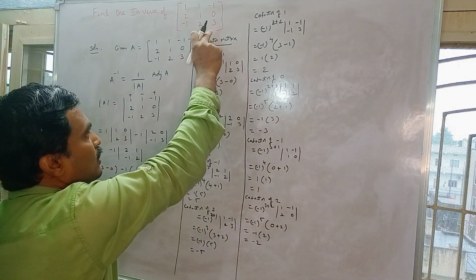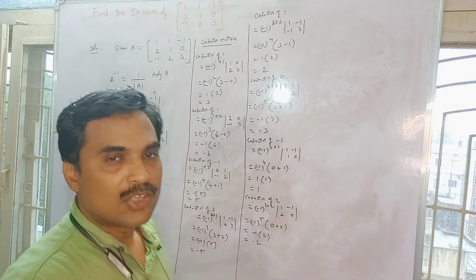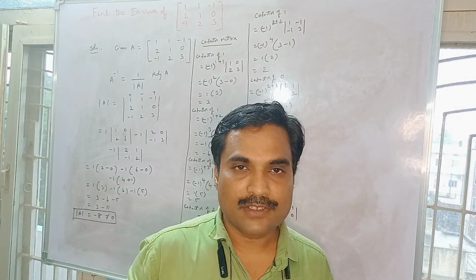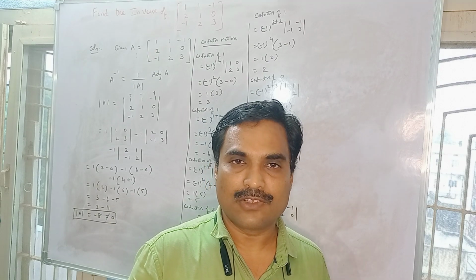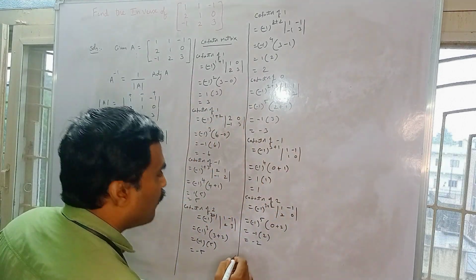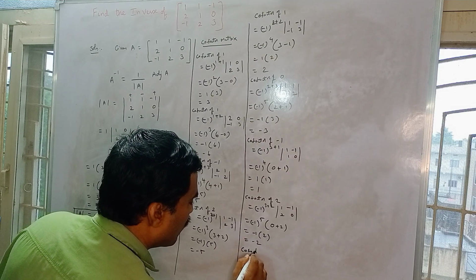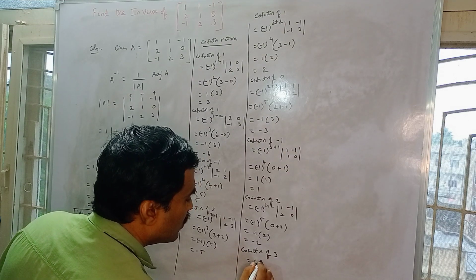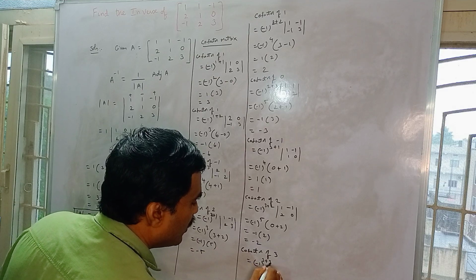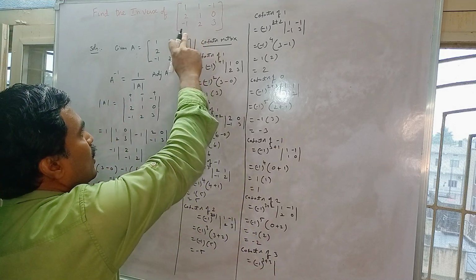So the last element, the ninth element, is 3. So you have to find the cofactor of 3. Where is 3? It's in the third row and third column. So i value is 3, j value is also 3. So cofactor of 3, that is minus 1 power, I am writing 3 plus 3 into minor of this 3. What is minor of 3?